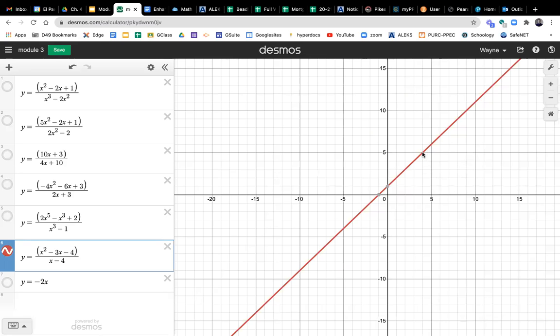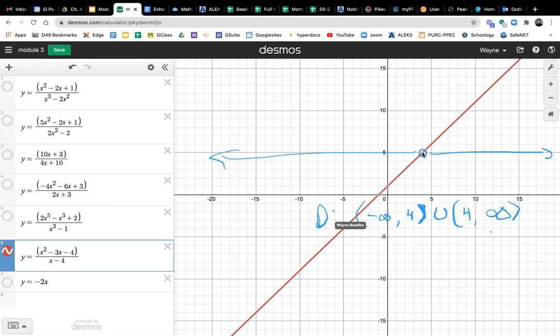So a lot of times they're going to ask you what the domain of these are. So there's a hole right here. And so the domain is, in parentheses, negative infinity to 4, as you go this way, unioned with 4 to positive infinity going that way. So this is the domain.